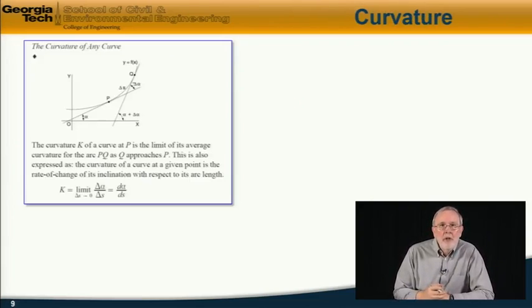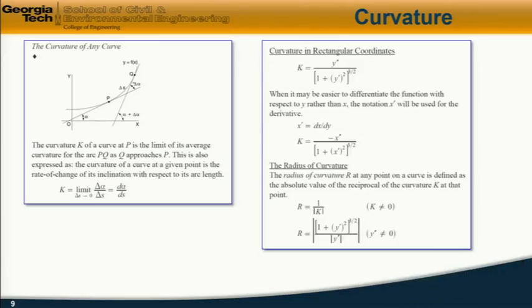Another property which is useful is the local curvature of a curve. And the curvature of a curve, denoted here by K, although later on in strength of materials, mechanics of materials, we'll use kappa, is the limit of its average curvature of the arc as the point Q approaches P. But more useful for us is to express this in terms of derivatives and rectangular coordinates.